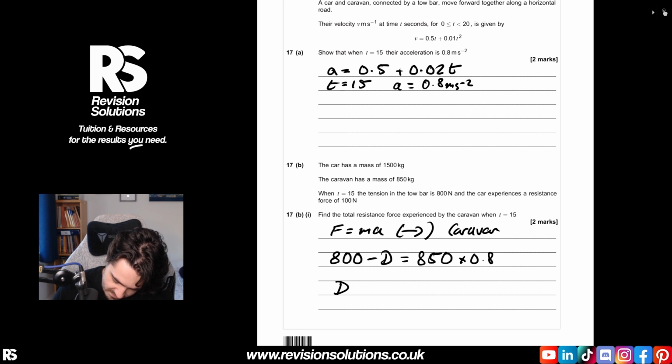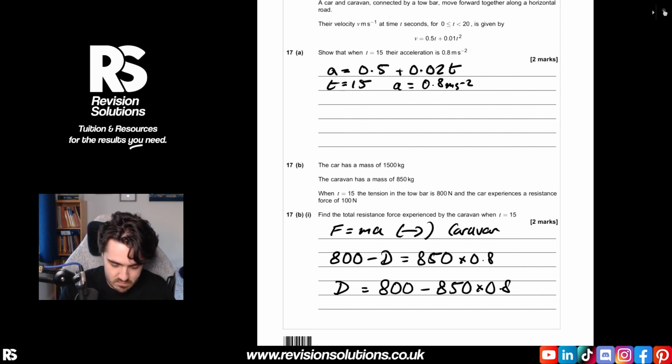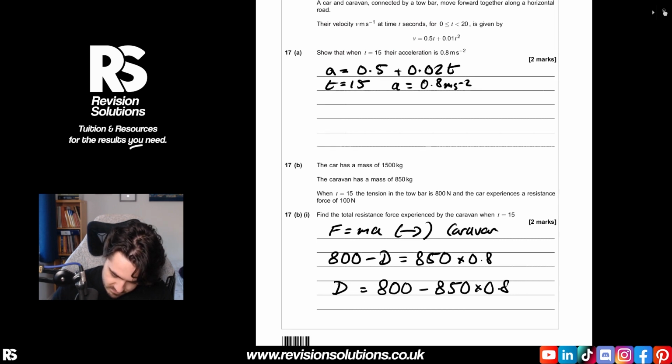So that would mean the drag force acting on the caravan would be 800 minus 850 times 0.8. Then running that through the calculator, that would give us a force of 120 newtons.